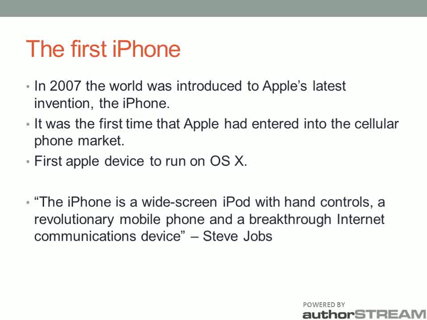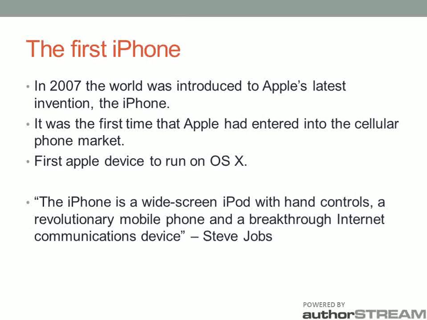The first iPhone in 2007: the world was introduced to Apple's latest invention, which is the iPhone, basically an iPod and a mobile phone device in one. It was the first time Apple decided to go into the phone market, and the iPhone was the first one to run on the operating system X, which can also be found on the MacBook and the iPad.